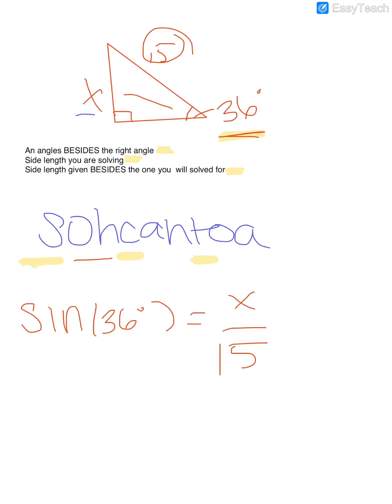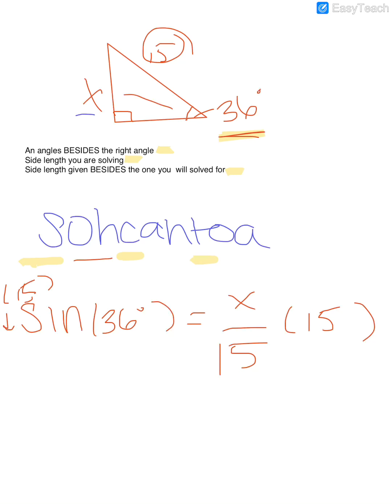And just like any algebraic equation, when you're solving for x, you get x alone on one side. And how do you always do that? By multiplying by 15 on both sides. There's not much room here, but I'm just going to try to squeeze in this 15. And just know it goes right here.